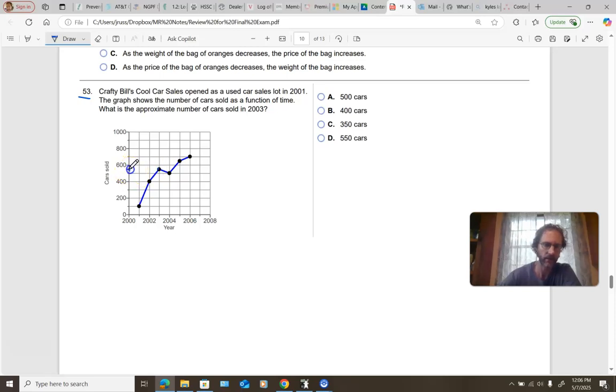That's about halfway. So this would be 400, this would be 500. Halfway between 500 and 600 is about 550. So that's what I'm going to go with. We're using the graph of this function, or of this relationship between these two variables, to figure out approximately what the number of car sales was in 2003.